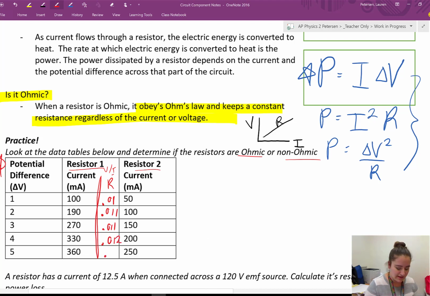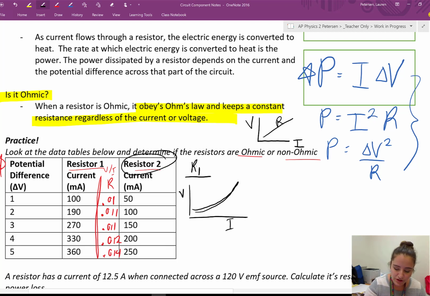You will see that it is not a constant value. If you were to graph the current versus voltage for this one, it would not be a straight line.